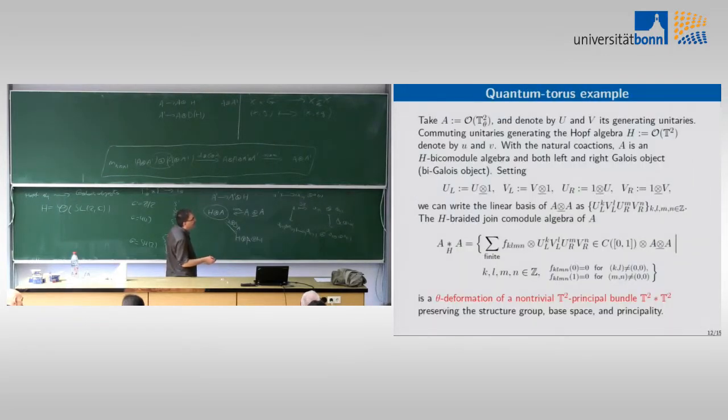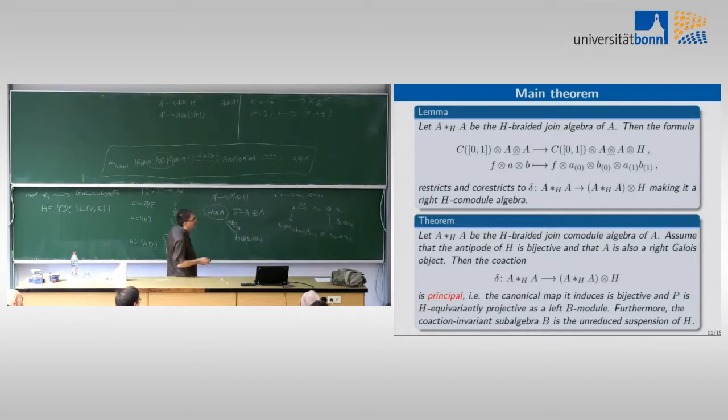This is the main part. This is the main result. And we also prove that this is H equivariantly projective. And that's the meaning of principality. I say that I have a principal comodular algebra basically when I have a bijective antipode, when I have a canonical map bijective, and when I have equivariant projectivity.